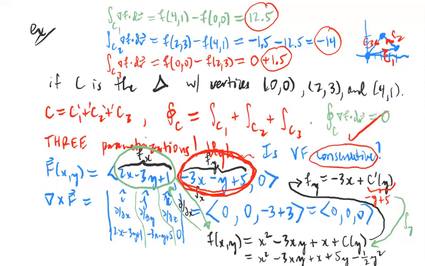Okay, well, let's do one more here. What about this example? The integral over C of F dotted with dr, where F is equal to (1, z, y).